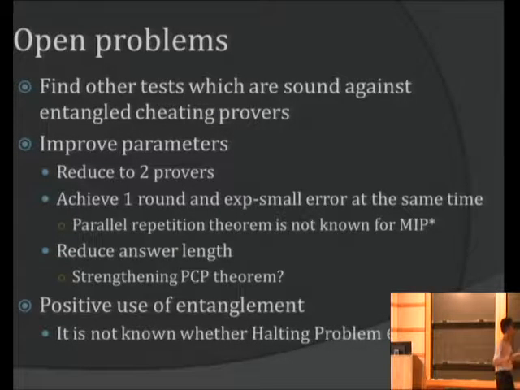And also improving the parameters of MIP star, like the number of provers or number of rounds and error at the same time, or reducing the answer length. Reducing the answer length has a bearing on the PCP theorem in the classical case. We don't have a good application of an entangled version of the PCP theorem, but there may be something.